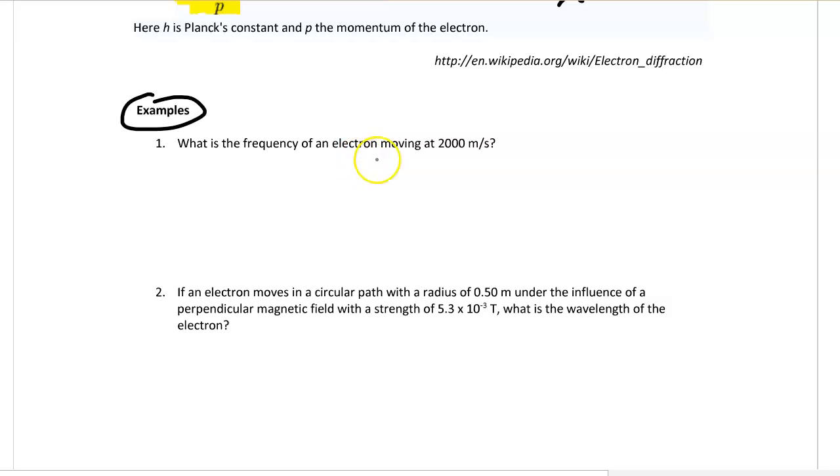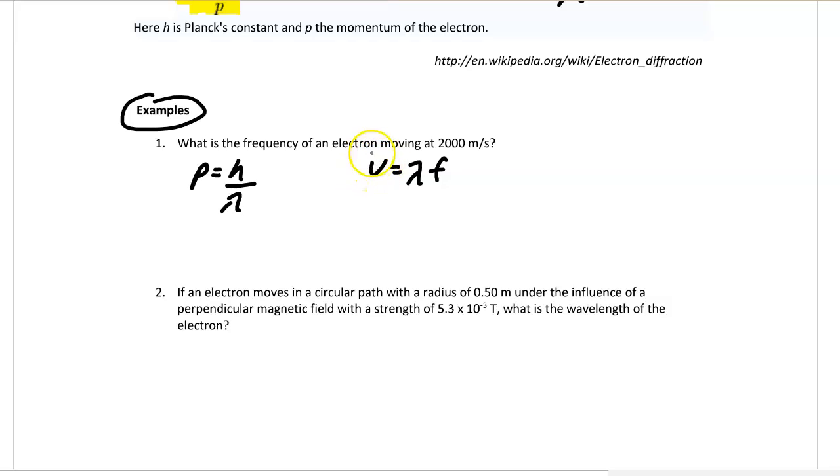What is the frequency of an electron moving at 2,000 meters per second? Well, p is equal to h over lambda. Now if we are looking for the frequency, we're going to need to take the wavelength of this and use the universal wave equation.